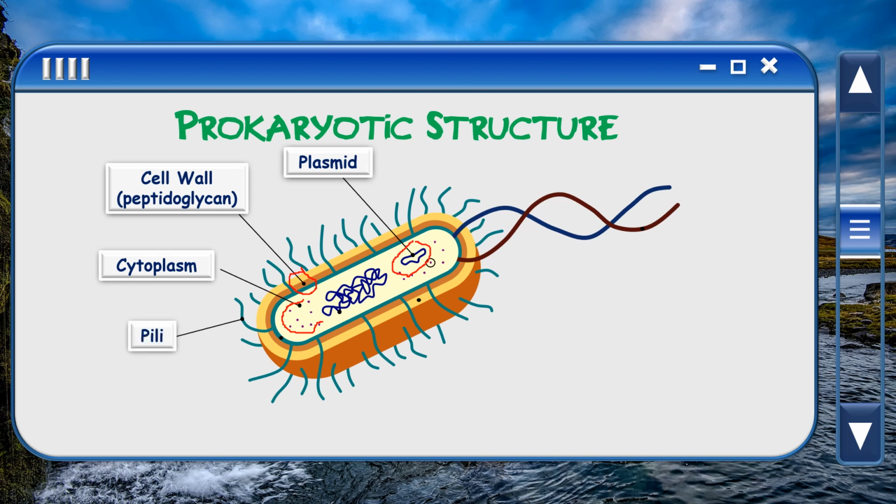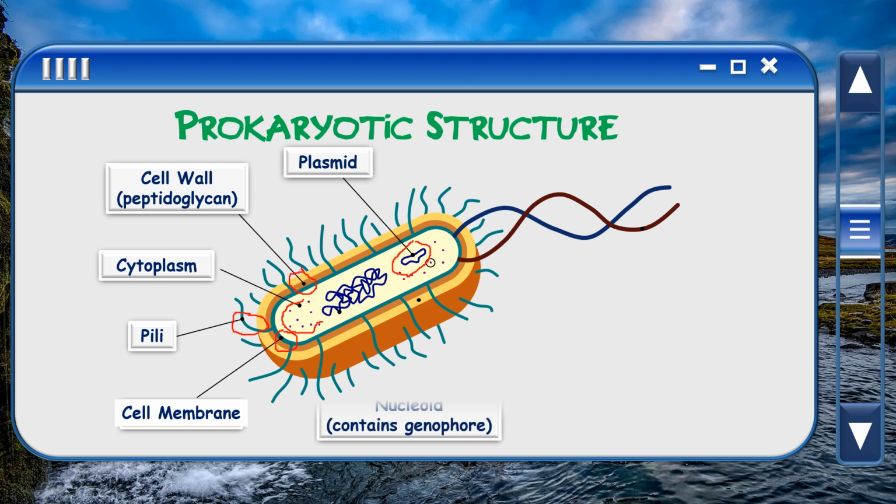We have the pili. This thread-like structure getting out is called the pili. We have the cell membrane, where the pili are coming from. We have the nucleoid. This one contains the genophore.